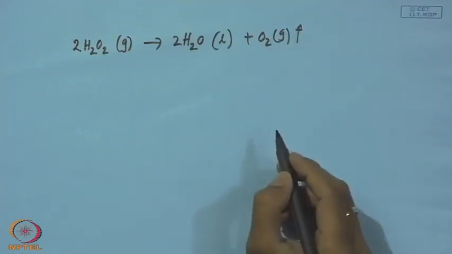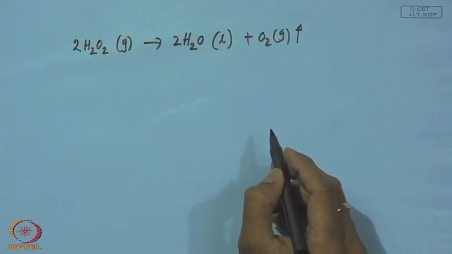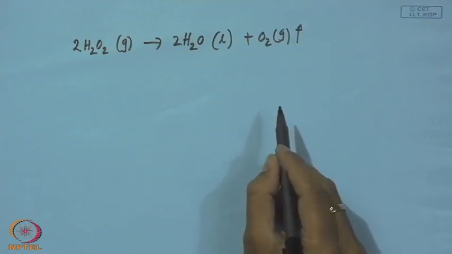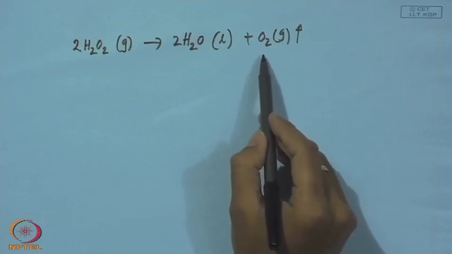So, how to find out the rate? Now, in this case, suppose that this gas so evolved is behaving ideally.